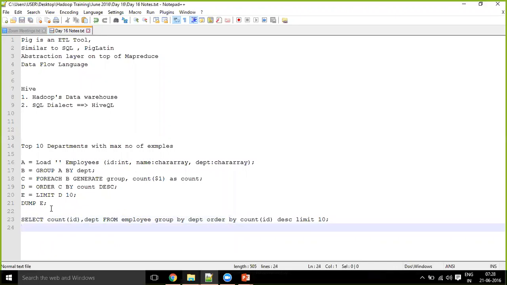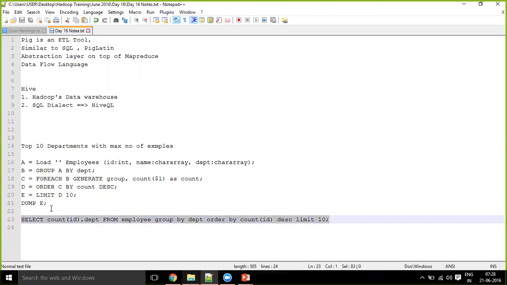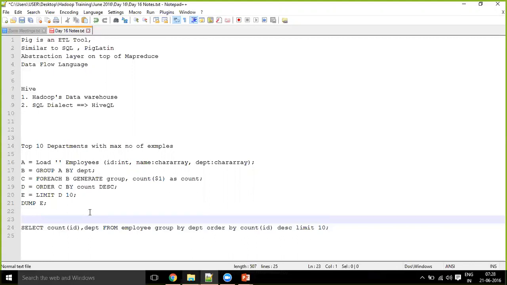Okay, so more or less similar to this. So you can complete your query in one single SQL statement, even if it is having inner queries, subqueries. So from a programmer's perspective, as a typical developer, I feel even better with Hive. So you will agree to this, right?